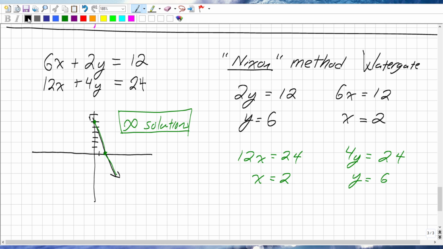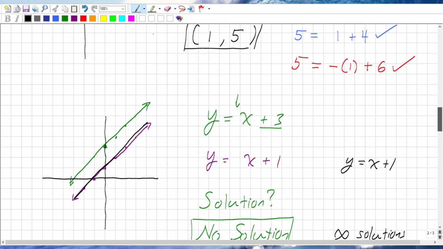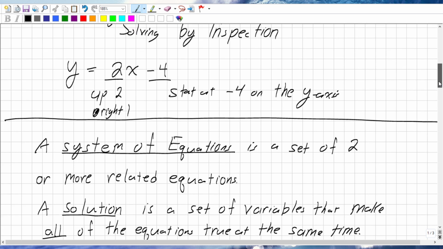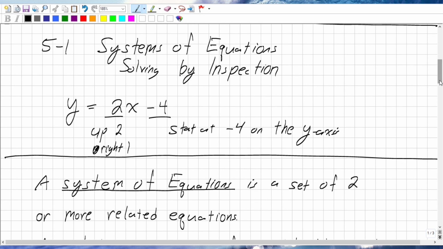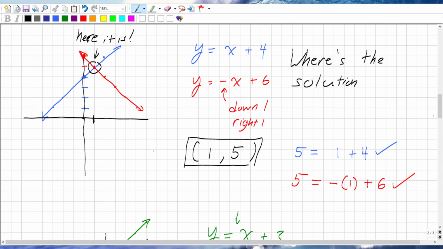Alright, so what are we supposed to take away from this? One, you need to get good at graphing. If you notice, every single one of these required a graph, but that's normal when you're solving a system of equations by inspection, you're going to have to graph everything. Second thing, if their slopes are different, are they going to intersect? Yeah.